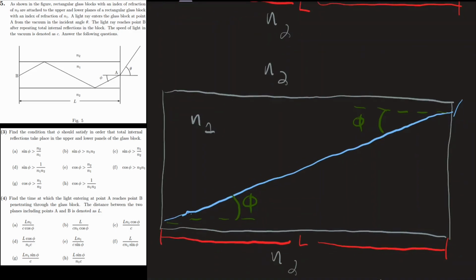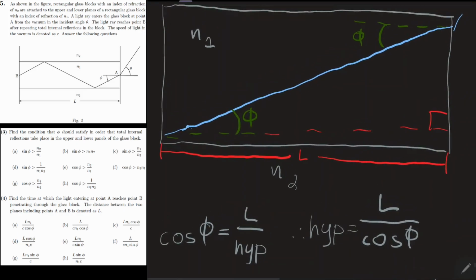And this makes it a lot easier because now we just have this single line, and so we can model this whole path taken as a single right angle triangle. And so since we have phi right here, if you take cosine of phi, you'll have that it equals L, which is the distance between points A and B, which is given in the question.